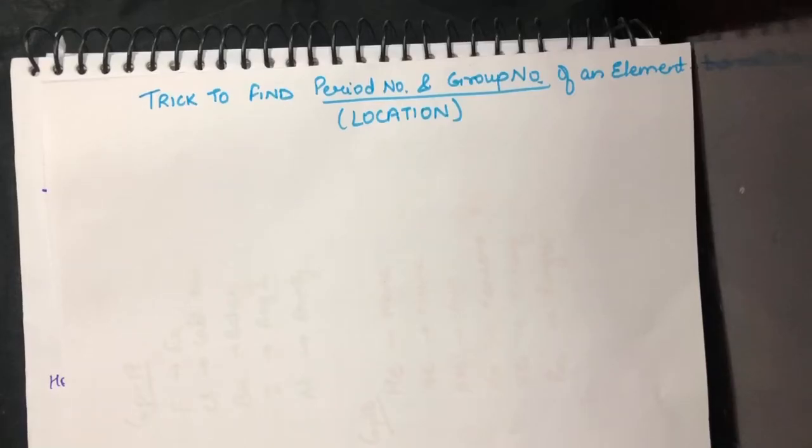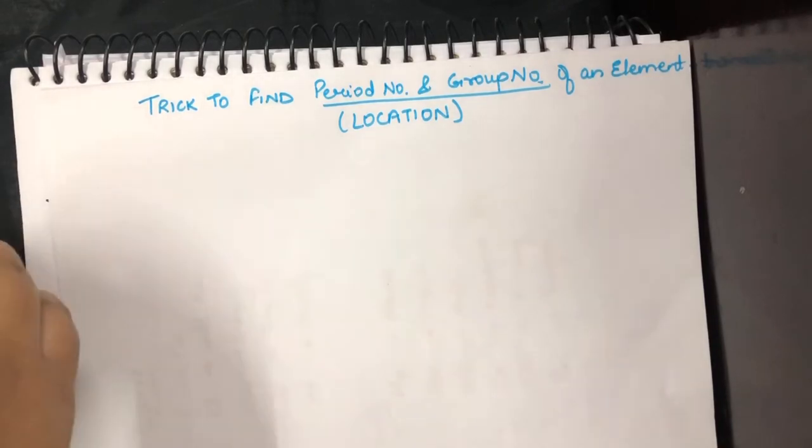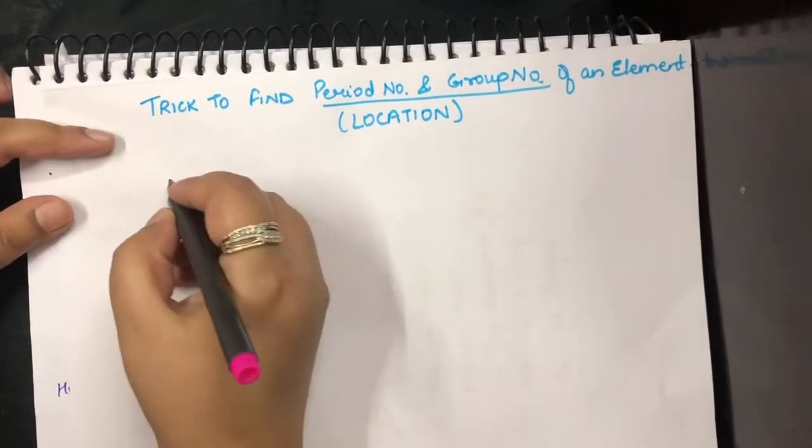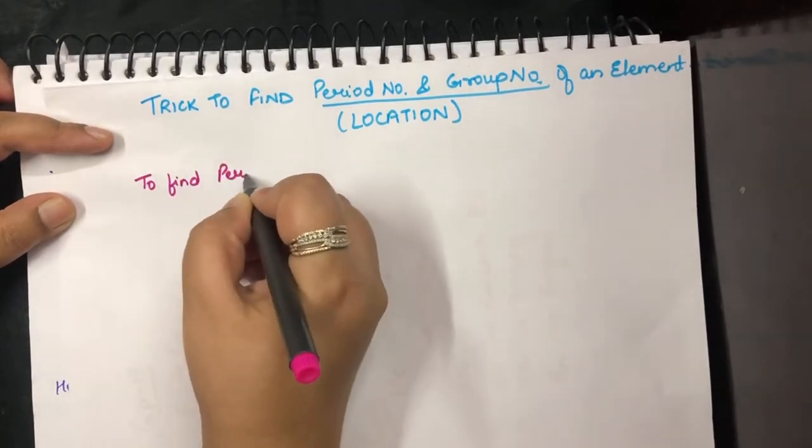We'll also look at a trick to find the period number and group number of an element. If you are given an electronic configuration of an element, how can you figure out where that particular element is placed in the periodic table? So there is a small trick.